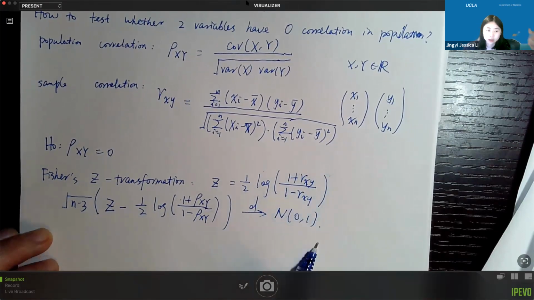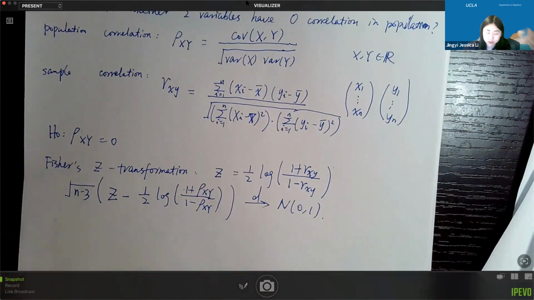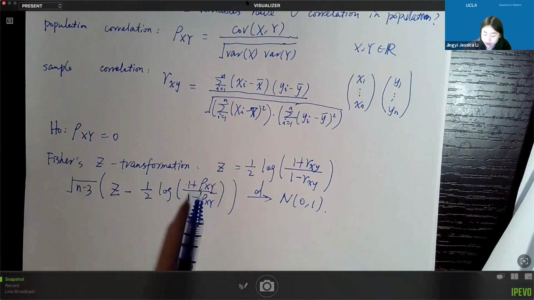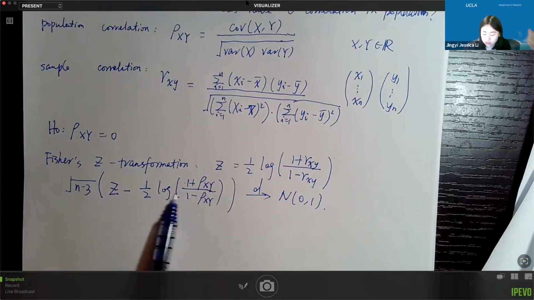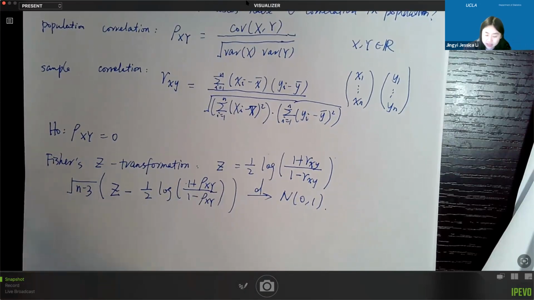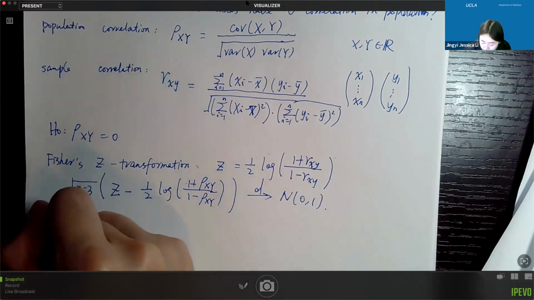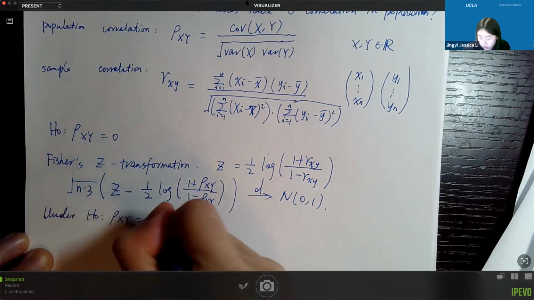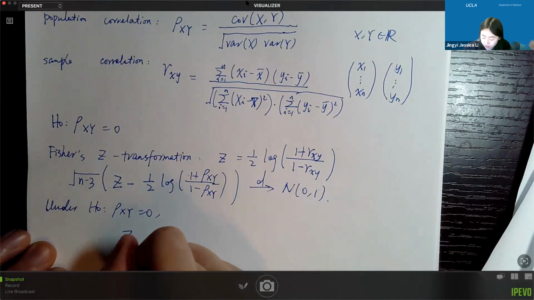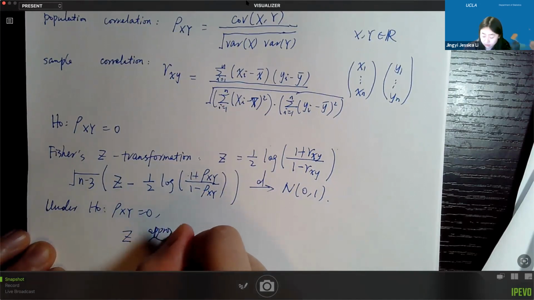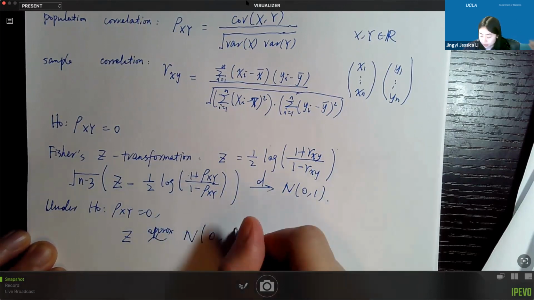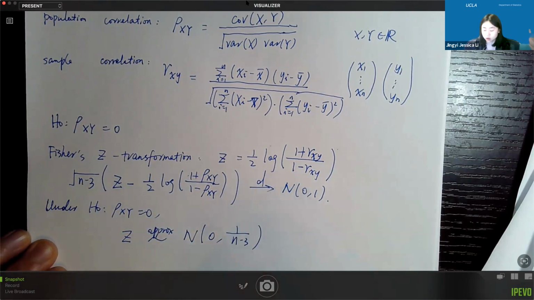This important result provides a way of doing hypothesis testing, because when rho xy is 0, you have 1 plus 0 over 1 minus 0, that's 1. Log 1 is 0, so this term goes away. Then under the null, z is approximately normal with mean 0 and variance approximately 1 over n minus 3.